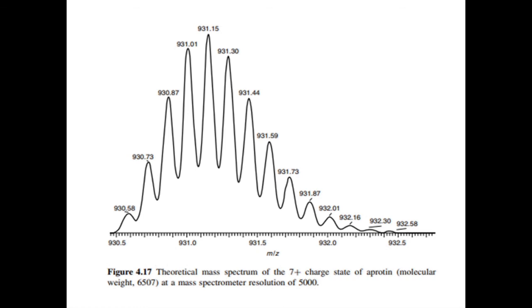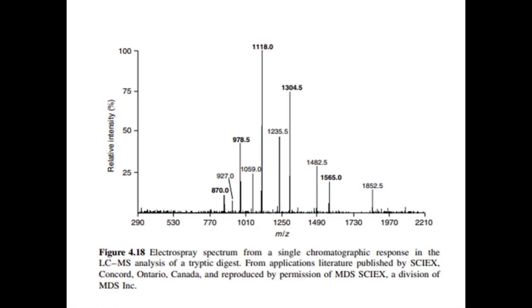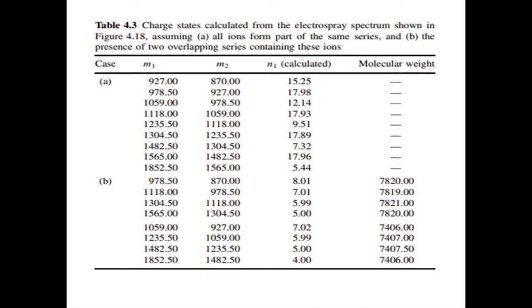An example of this is shown in figure 4.18, which shows the electrospray spectrum from what is apparently a single chromatographic response, while table 4.3a displays the result of applying equation 4.6 to the major ions found in that spectrum.